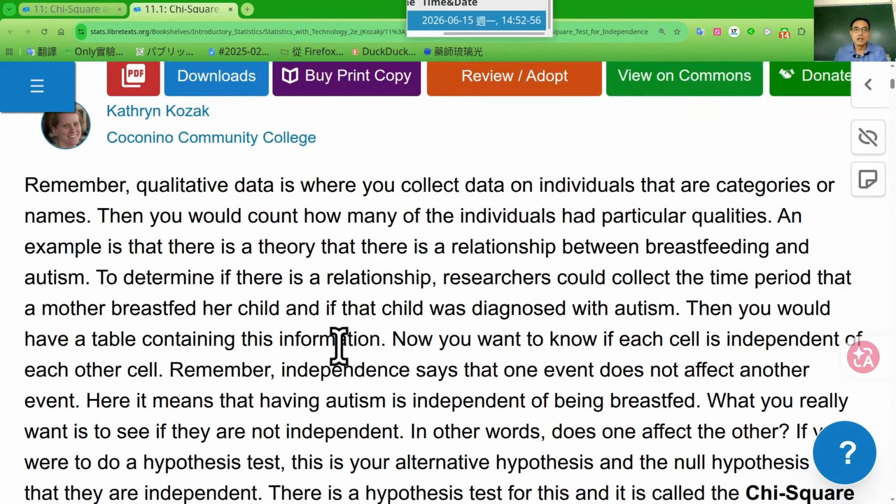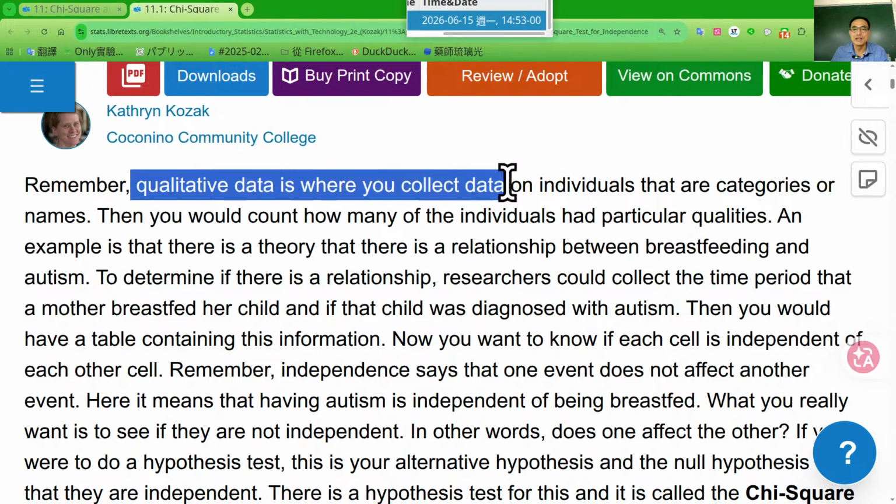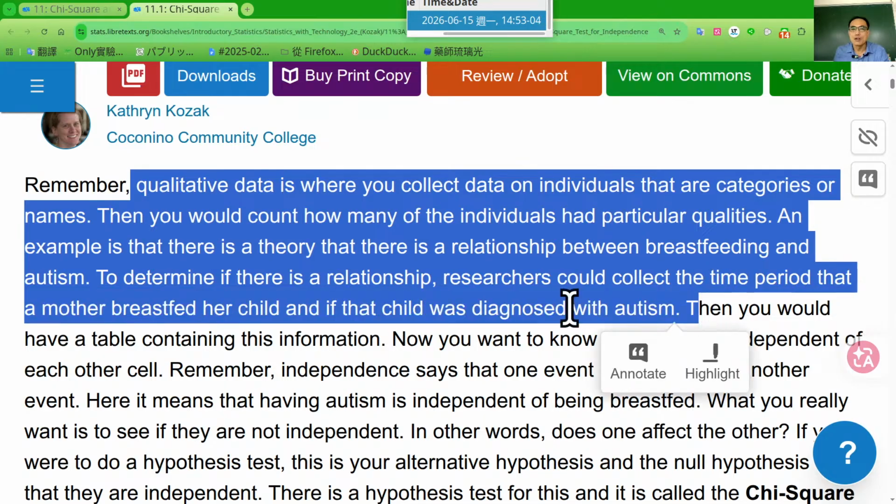Remember, qualitative data is where you collect data on individuals that are categories or names. Then you count how many individuals have particular qualities. An example: there is a theory that there is a relationship between breastfeeding and autism.